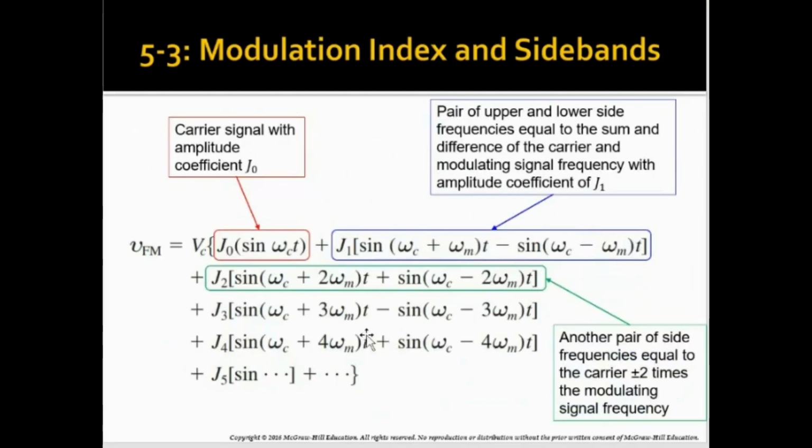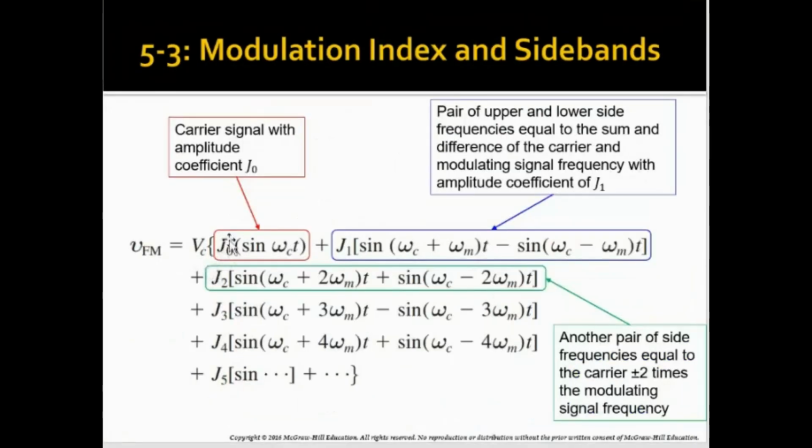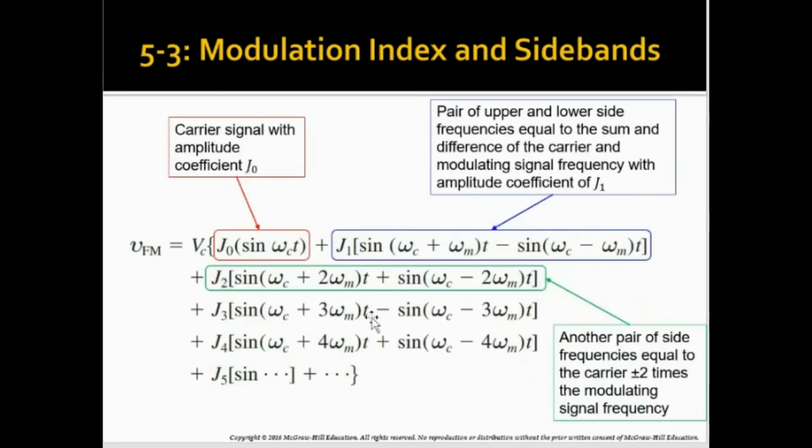Then these J_n, or these J's you see here, J0, J1, J2, J3, J4, need to be calculated using this equation, which is related to your modulation index. So after we calculate this, we know those J_n in this equation.